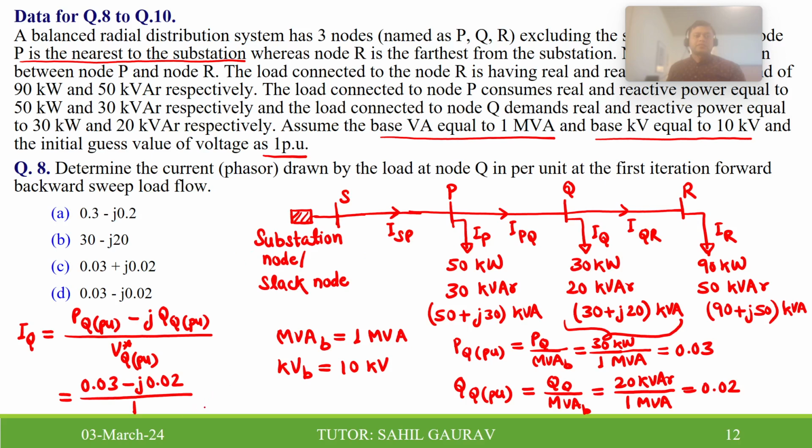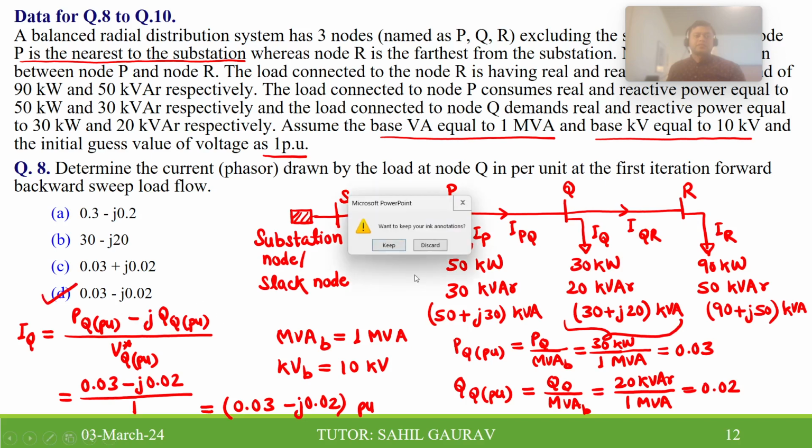Therefore the current drawn by the load at node Q in per unit will be 0.03 minus J 0.02 per unit. Therefore option D is correct.